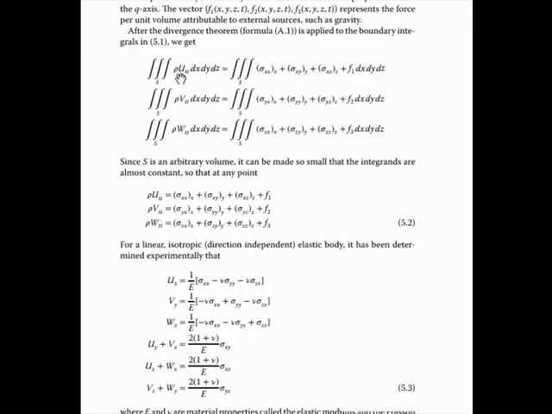So on the left-hand side we get the three components of mass per unit volume times acceleration. The right-hand side are the forces per unit volume. These are due to the rest of the material. That's the force the rest of the material exerts on S, and this is the external force due to gravity or whatever.